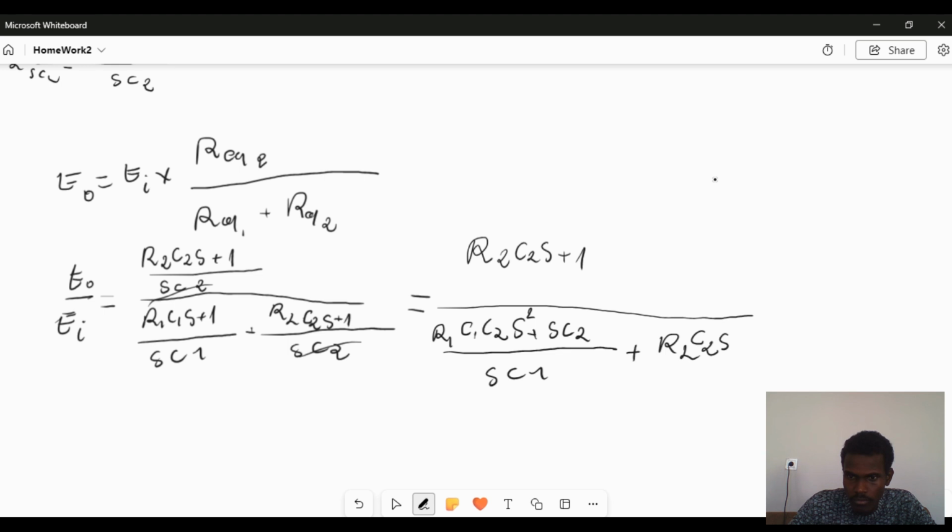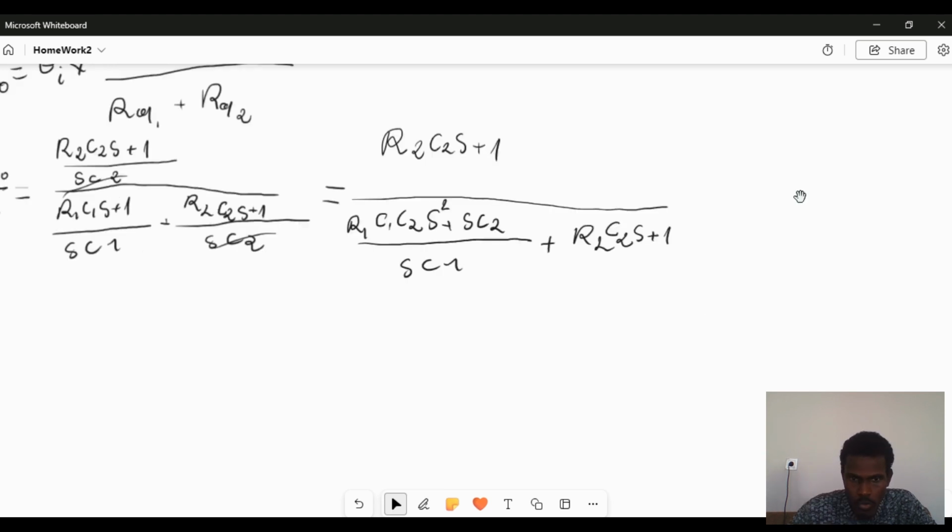Arranging again, we multiply this with this one and send this to the numerator.